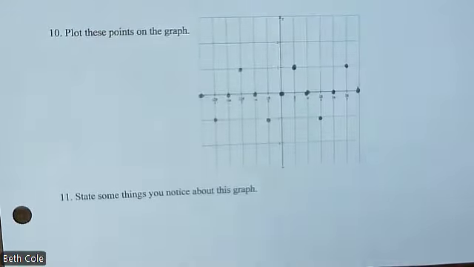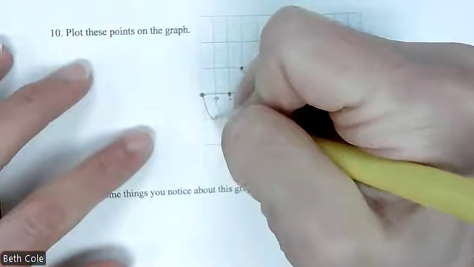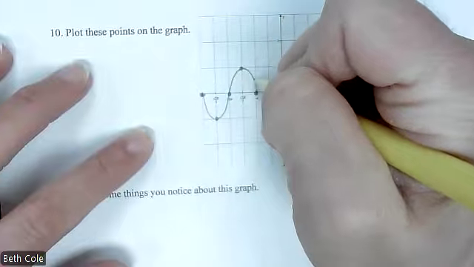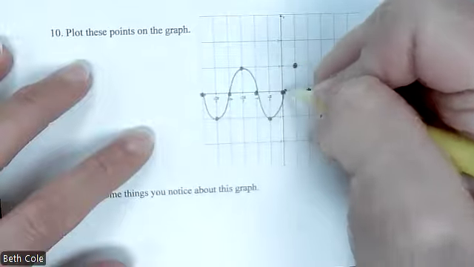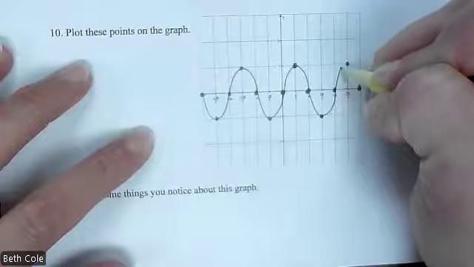Now, when you connect those, a couple of things. I'm not here to grade your art skills, but you need to attempt to make it a nice, smooth curve. I don't want to see anything that looks like a jack-o'-lantern mouth with a jagged edge. Do you get what I'm saying? Make an attempt. And other thing is, you don't want to put arrows on the ends. What does an arrow indicate? That it continues that direction forever.